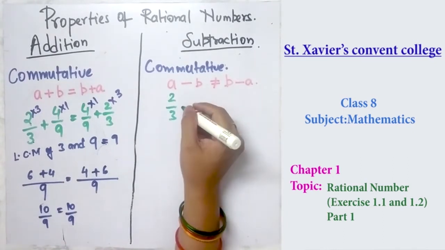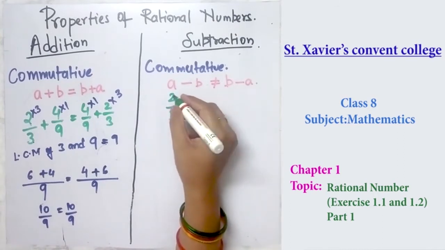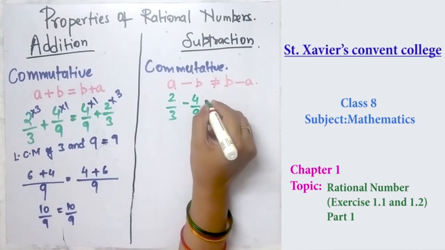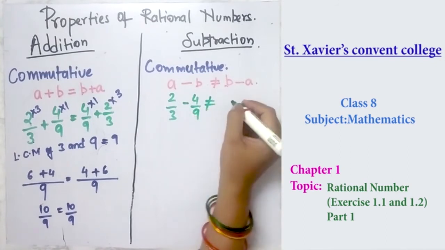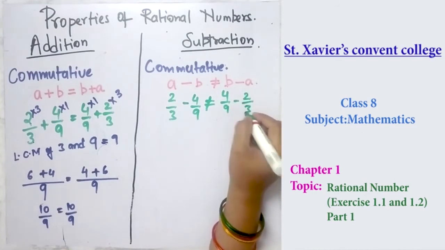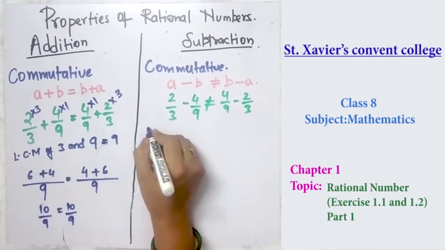The same thing we are going to discuss for the commutative property in subtraction, that is 2 upon 3 minus 4 upon 9 is not equal to 4 upon 9 minus 2 upon 3. Okay, so again we will take the LCM as we did before.